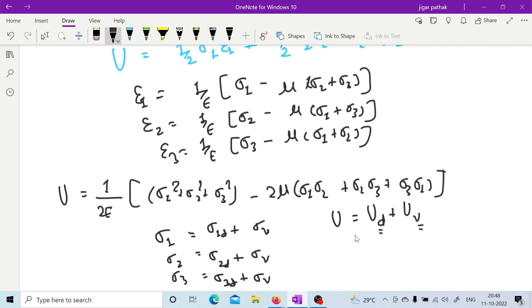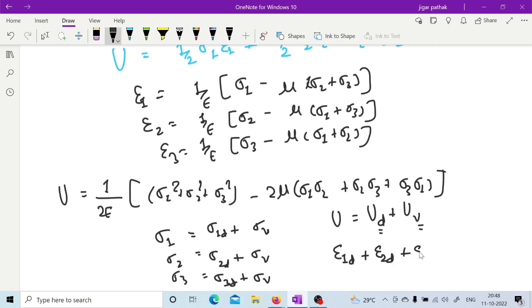So strain energy itself is divided in two parts: one takes part only in distortion, and the other takes place in volume change. When you are considering only distortion, the part which is related only to distortion and is not going to change the volume, the strain will also be 0.